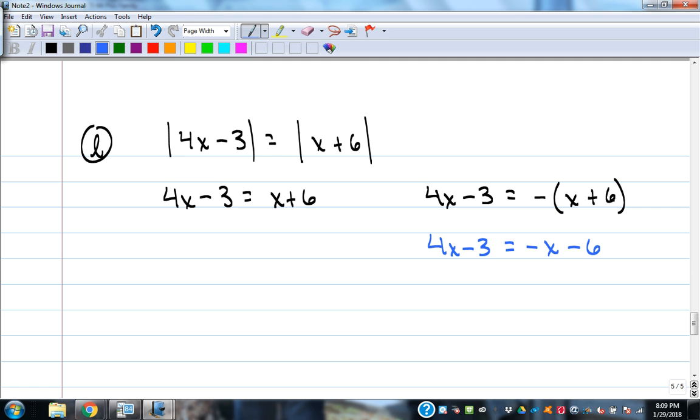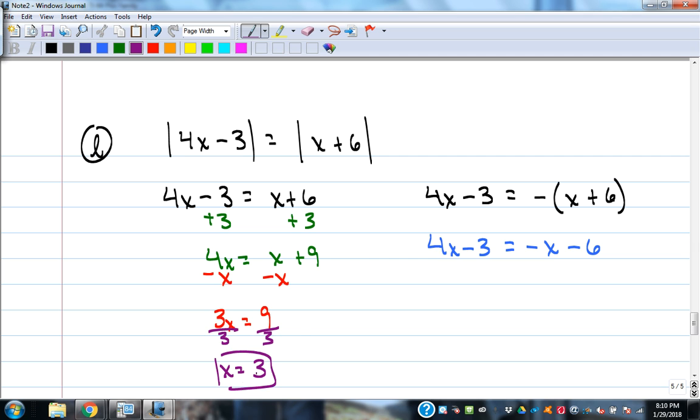And then you just solve them like regular. Nothing's different about how you do it. Plus 3, 4x equals x plus 9, subtract x, that's 3x equals 9, divide by 3, x is 3. And then do the same thing over here, just a different answer. That's 4x equals negative x minus 3.